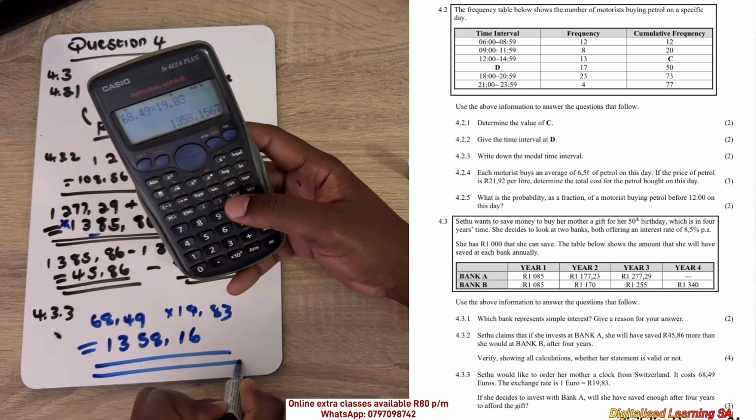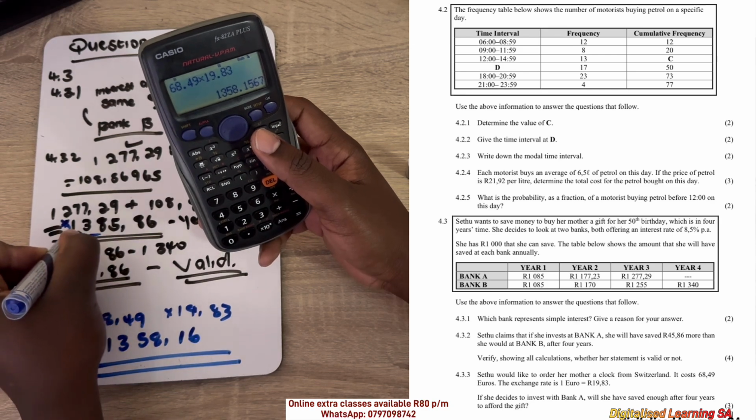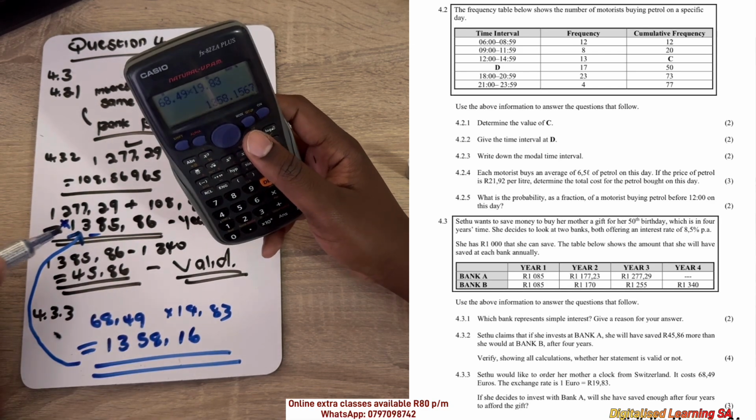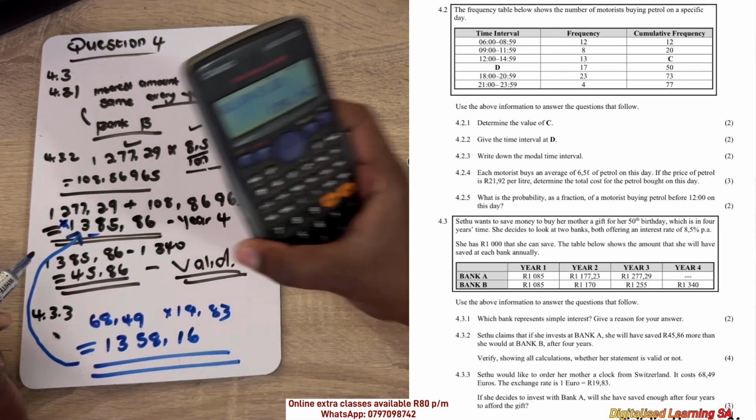So this is how much the gift will cost. We compare it with what she will get at Bank A if she invests with Bank A, and we can see that she will be able to afford the gift.